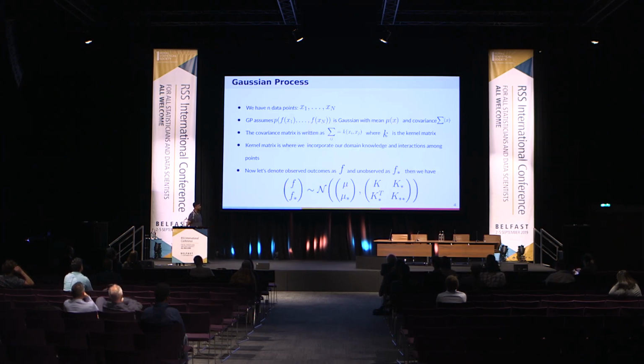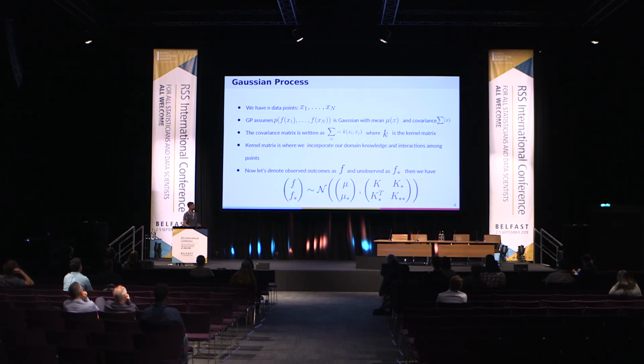In general, as soon as we talk about learning functions, what comes to mind is Gaussian processes. Gaussian processes generally take the first view of learning functions, where you have some n points, x1 to xn.